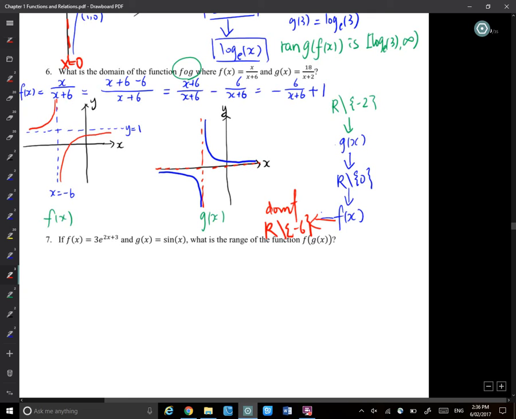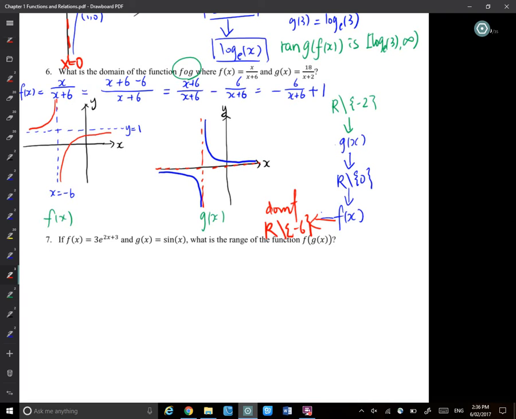Can R except 0 fit into R except -6? Yes or no? No. Which value is not good, 0 or -6?